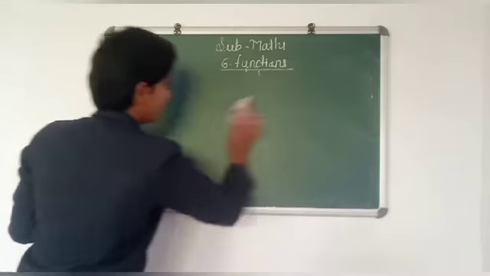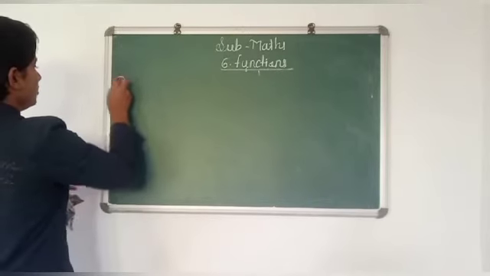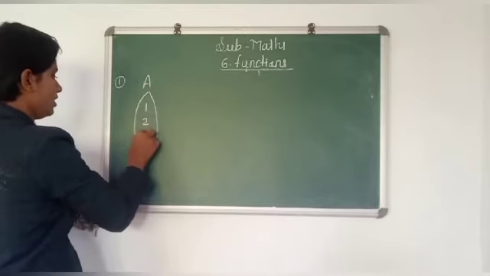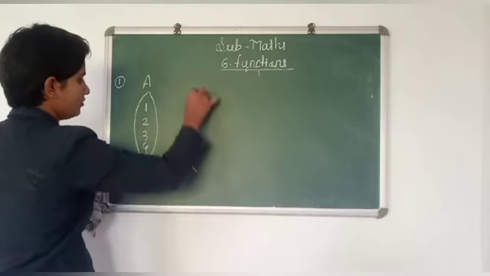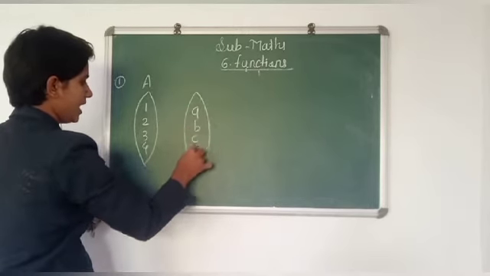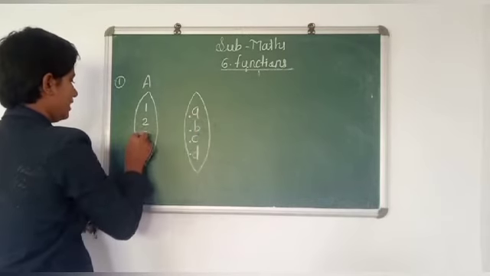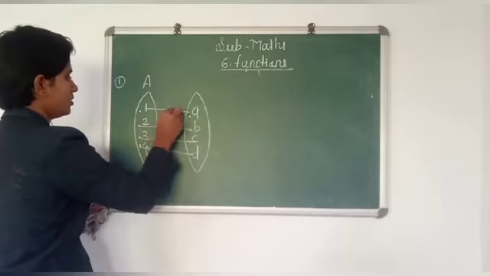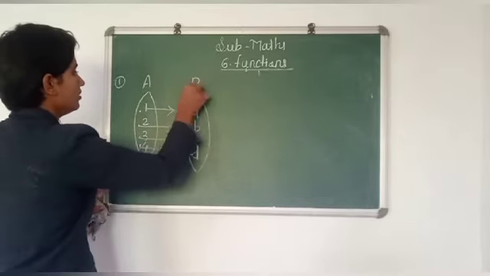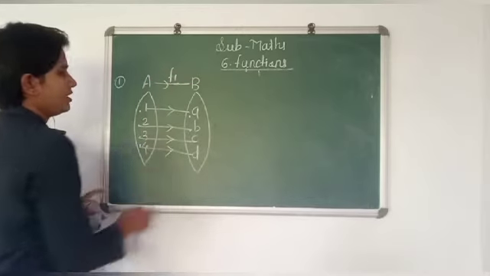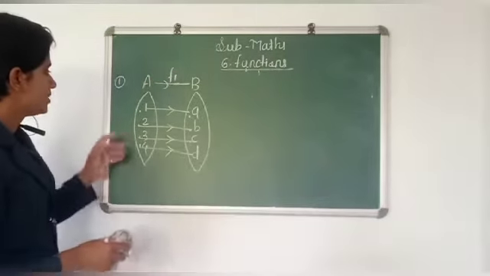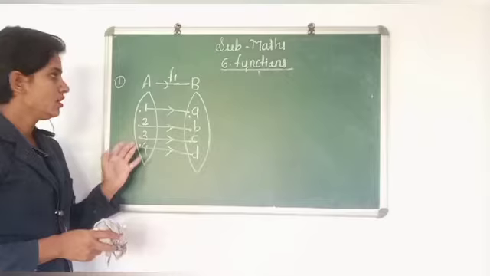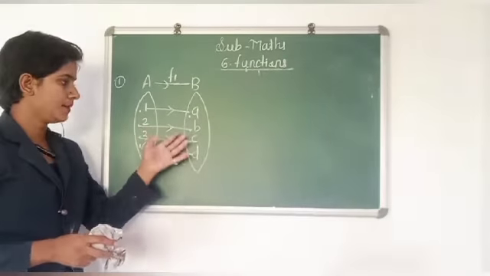Set A contains 1, 2, 3 and 4, and set B contains A, B, C and D. Here all 4 elements in set A are different.